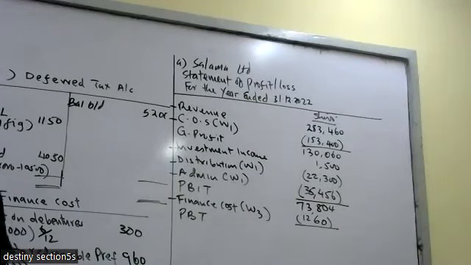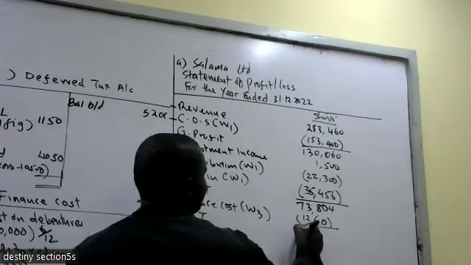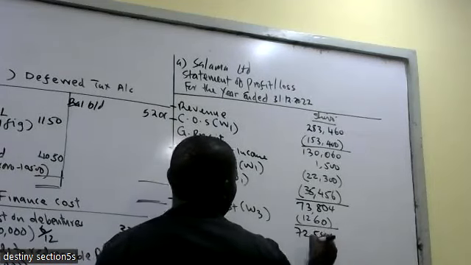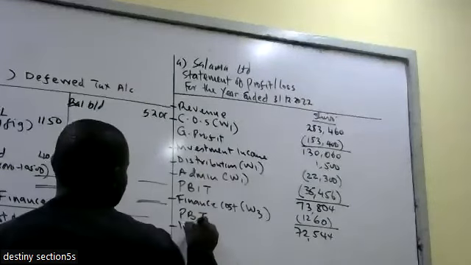That minus that. Profit before tax will be how much? 72,544. Income tax.